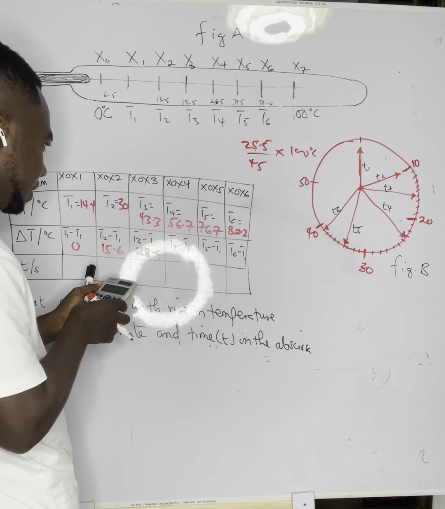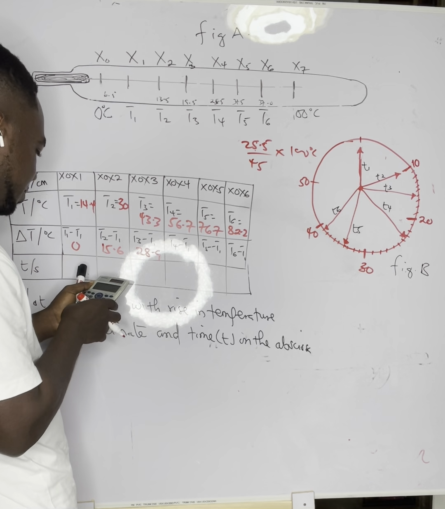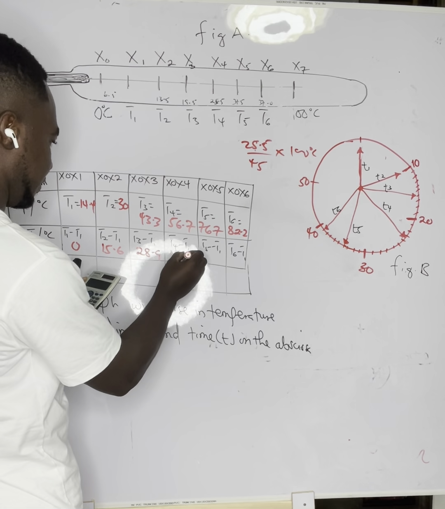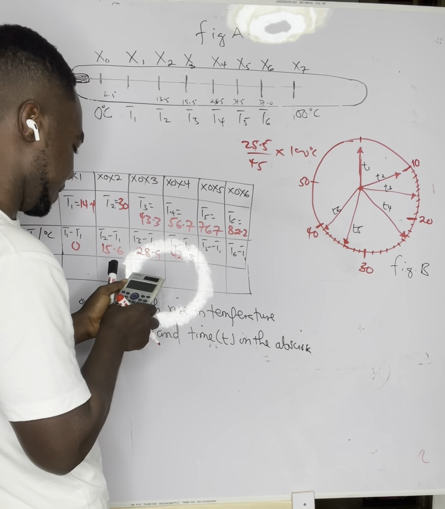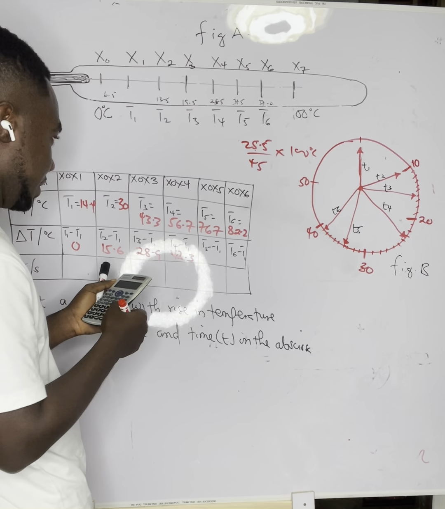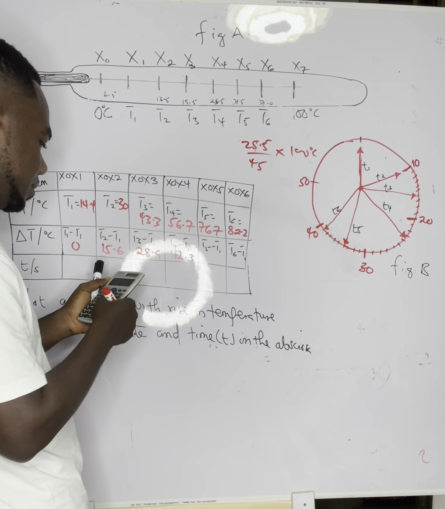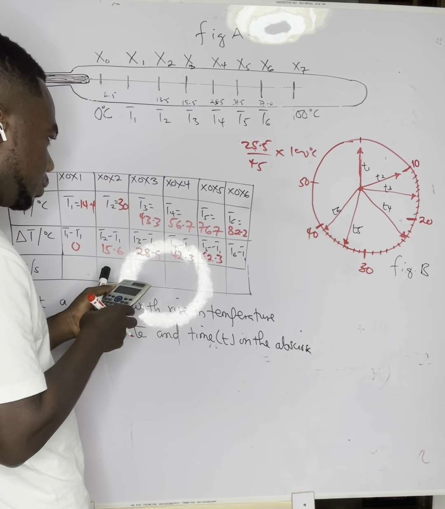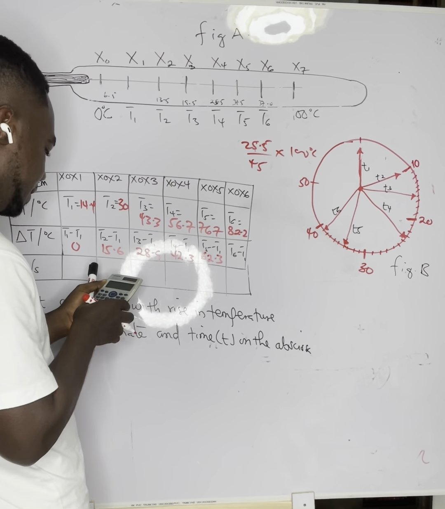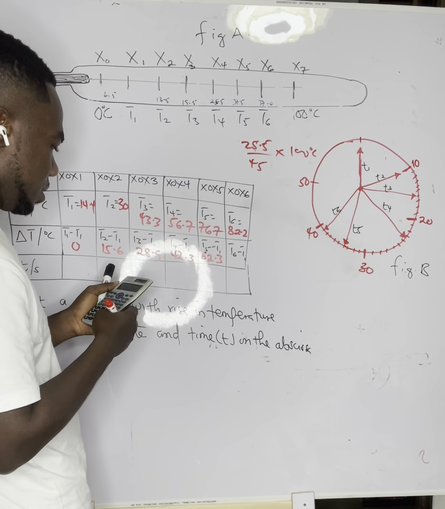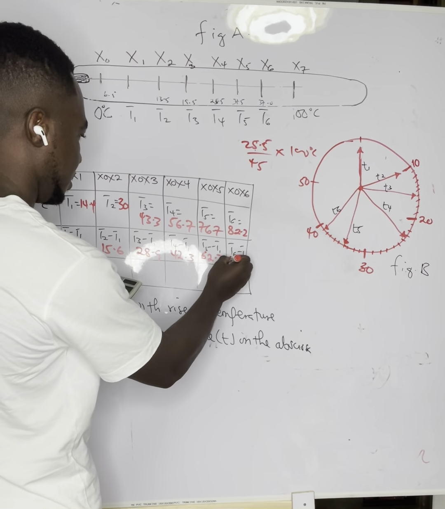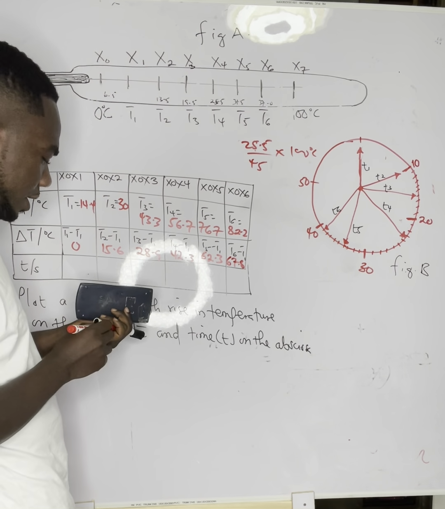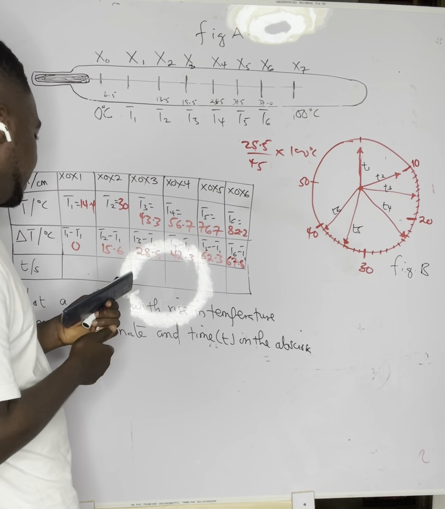T4, 56.7 minus 14.4, is 42.3. We have 76.7 minus T1, 14.4, is 62.3. And 82.2 minus 14.4 is 67.8. That's the corresponding differential temperature.